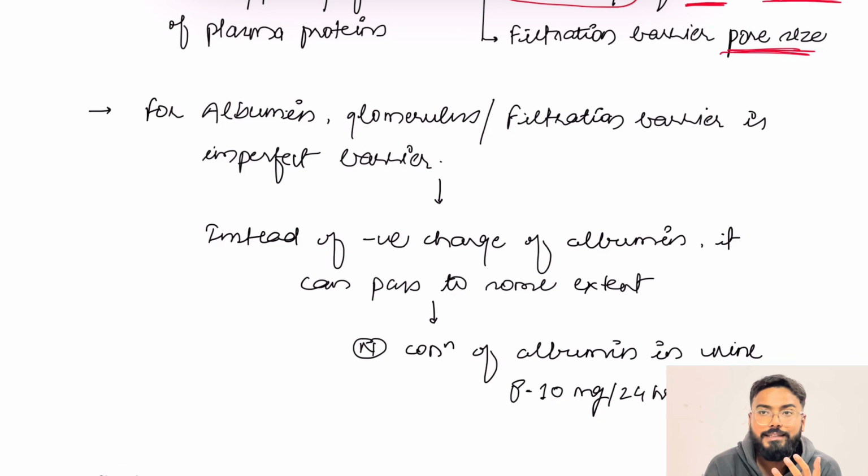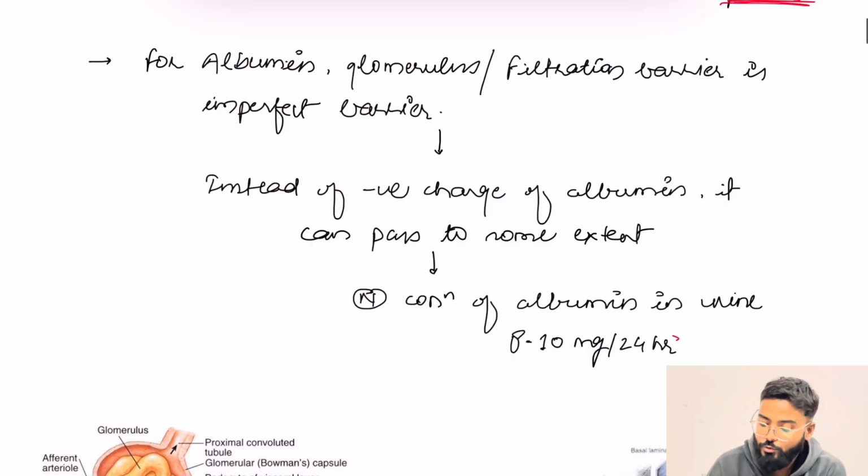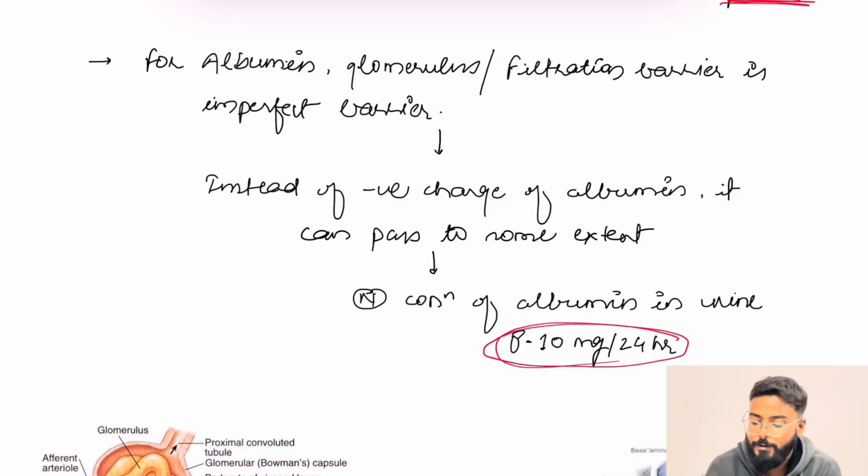Now for albumin, the glomerulus is said to be an imperfect barrier. Why? Because in normal conditions also albumin is seen in the urine. That is 8 to 10 milligrams of albumin in 24 hours. If you collect a urine sample over 24 hours, then 8 to 10 milligrams of albumin is normal.